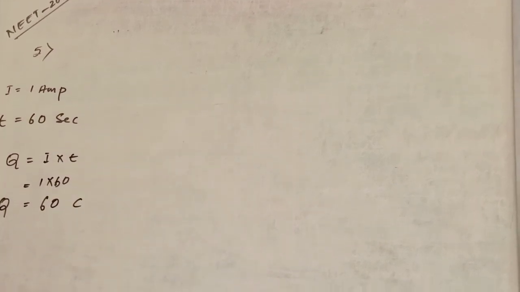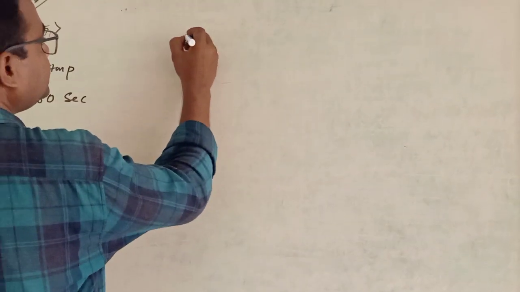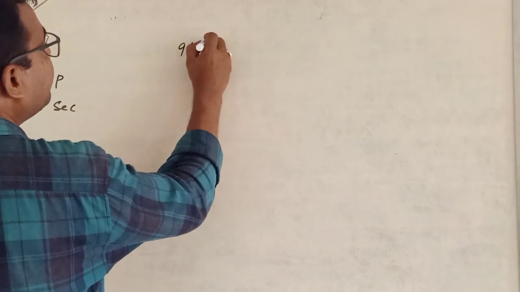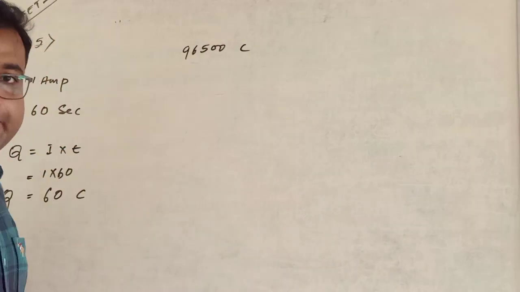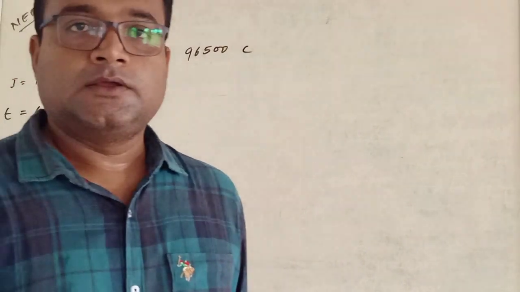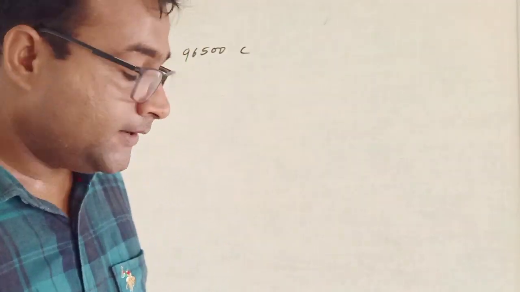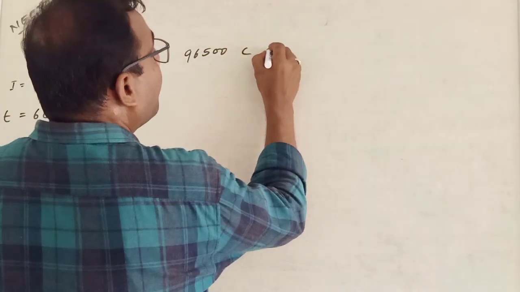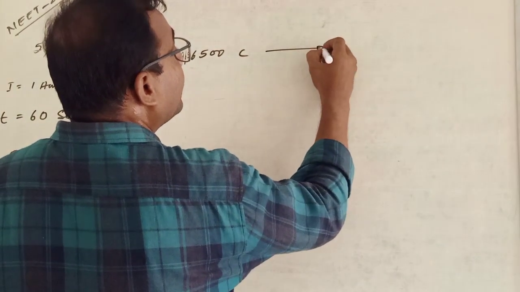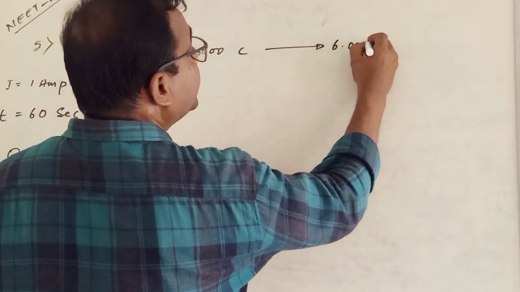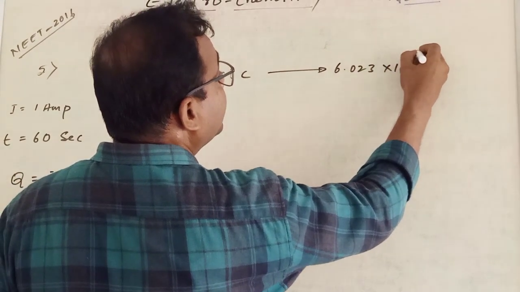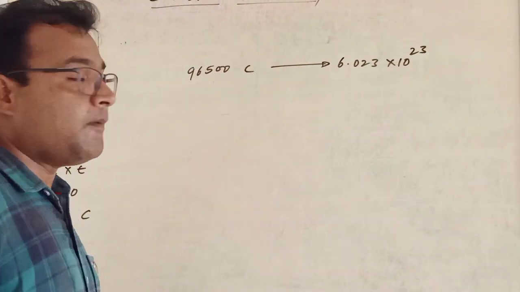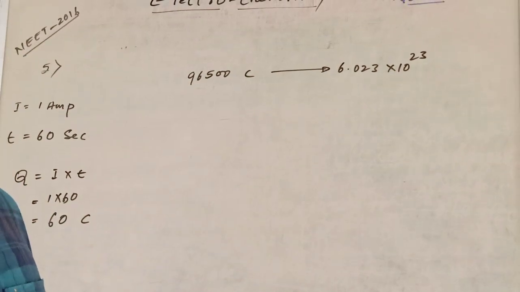I told you 96,500 coulombs of current is the value you get when you multiply 6.023 into 10 power 23, the Avogadro number, with the charge of an electron.